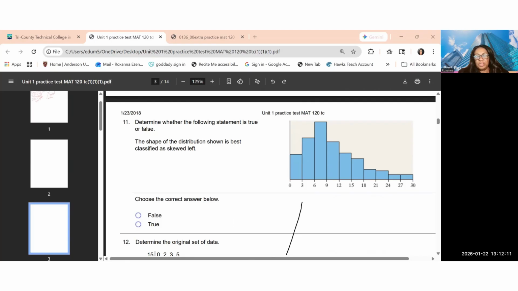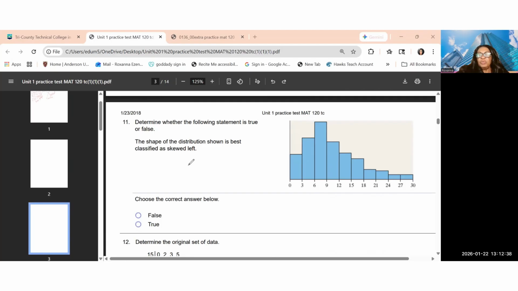The distribution is skewed right. If you look at it very well, the tail of that distribution is going to the right. Therefore, the distribution is skewed right.